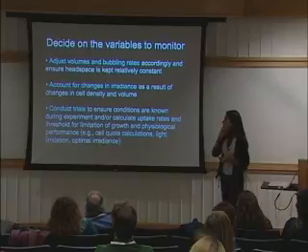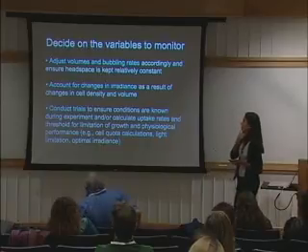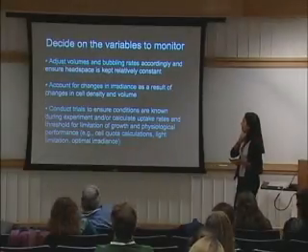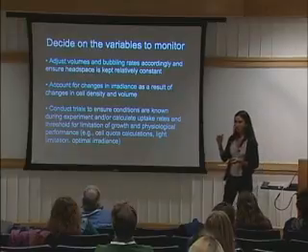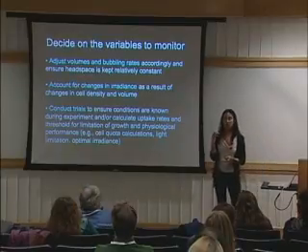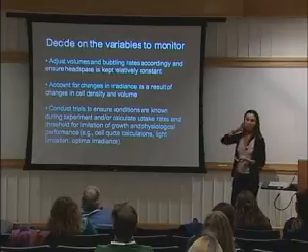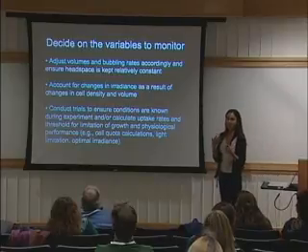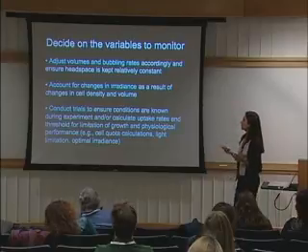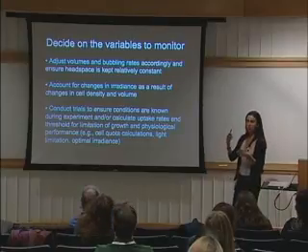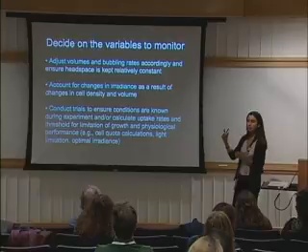So you have to decide also the variables that you want to measure. And then when you design your experiment, you have to make sure that you keep things as constant as you possibly can. I mean, there isn't such a thing as a perfect experiment, but you can think about these things in advance. For example, you have to try and keep the volumes constant, and keep your head space constant.